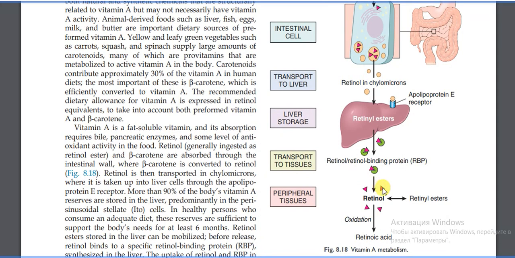In the liver, retinol in the form of retinyl esters is transported to tissues with lipoproteins and used in our peripheral tissues.